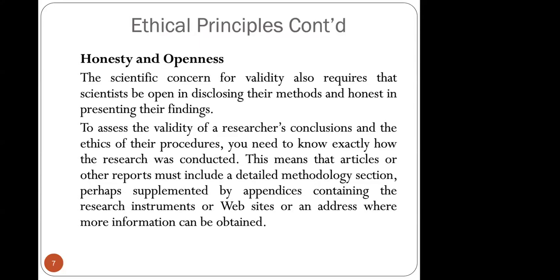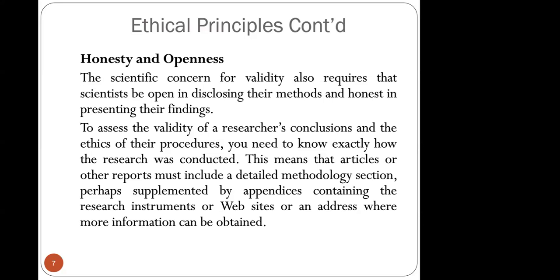Then honesty and openness. The scientific consent for validity also requires that scientists be open in disclosing their method and honest in presenting their findings. So your methodology has to be well spelled out. How did you select your samples?